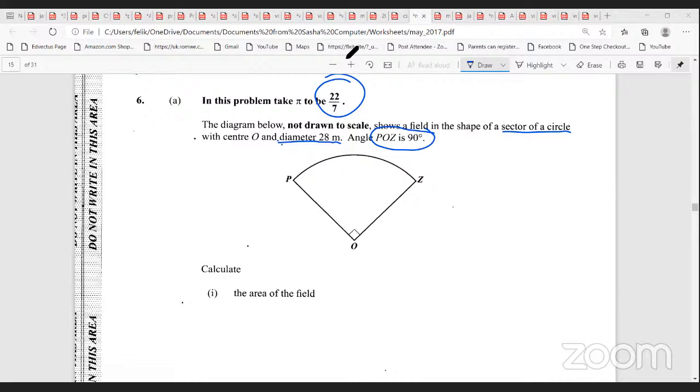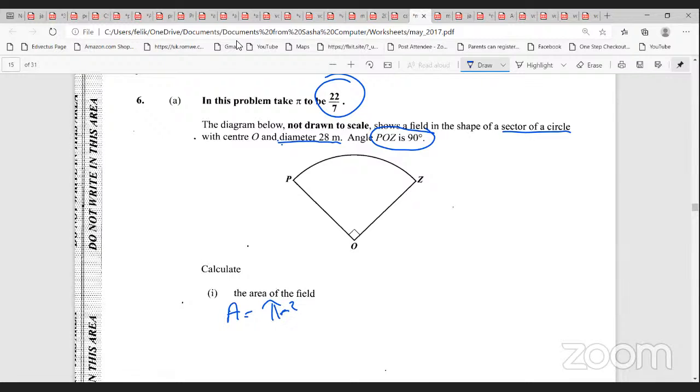All right. Miss, so first, okay, go ahead, Dejani. Miss, would it be 28 over 360 times pi r square? All right. So tell me the formula. Tell me the formula first. So the area would be, I heard you mention pi r square.